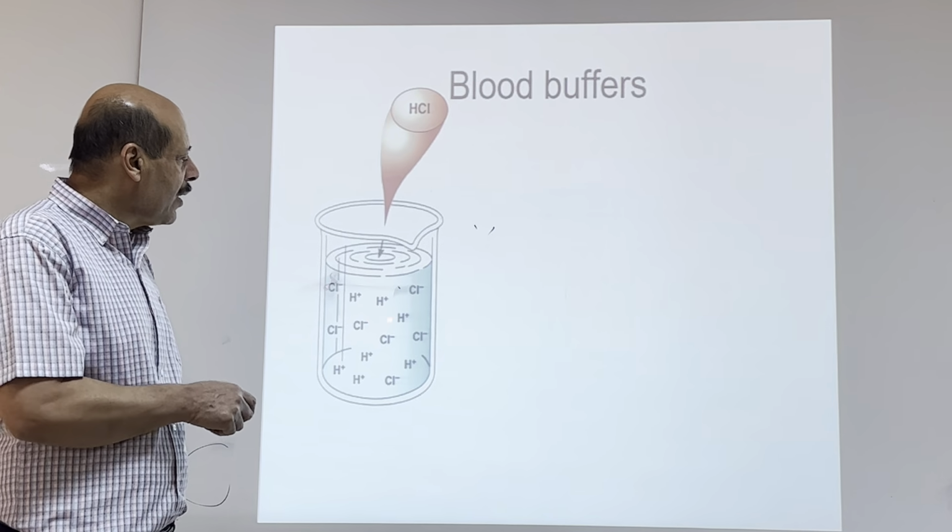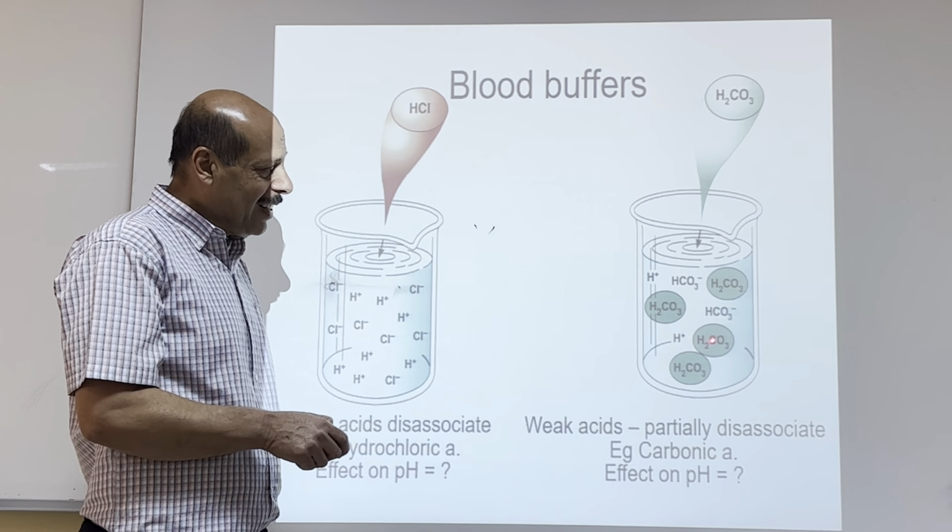If we have a weak acid, it is only partially dissociated, like carbonic acid, H2CO3. It has two hydrogen ions, and only one of them will dissociate, so it is a weak acid.